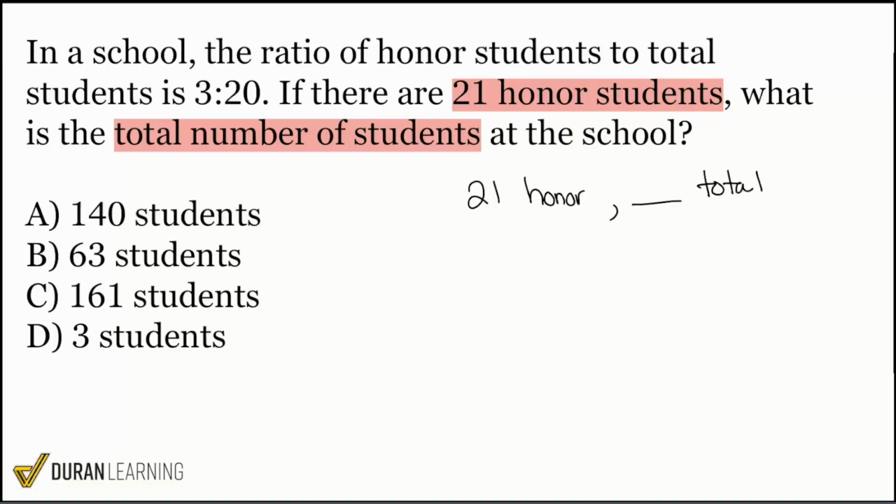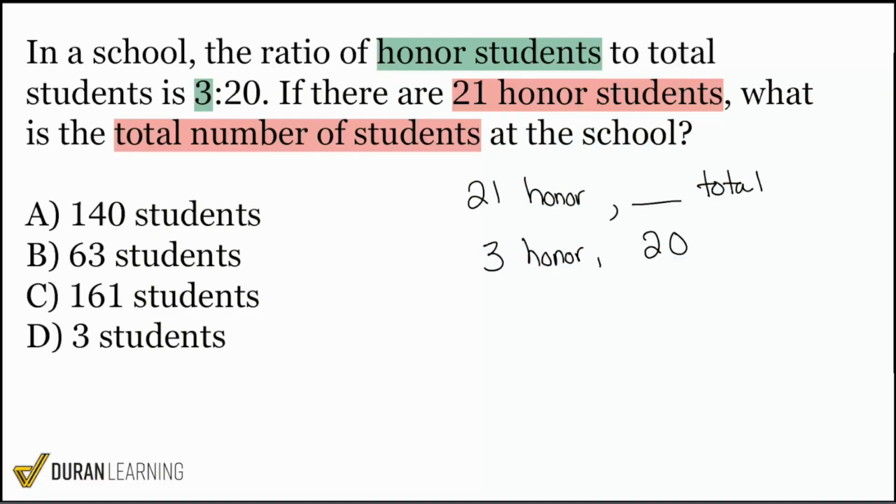This is the mistake that a lot of people make. A lot of people will go, in a school, the ratio of honor students to total students is 3 to 20. A lot of people are going to read 3 to 20, see honor students first. The 3 means honor students, so they will go 3 honor. And in that fit of test anxiety, in that nervousness, we might say, oh, okay, I'm going to put 20 right here.